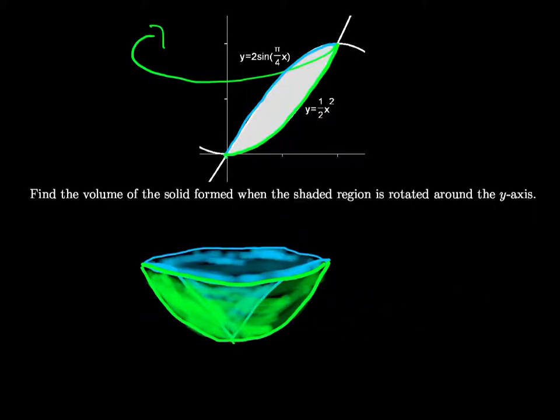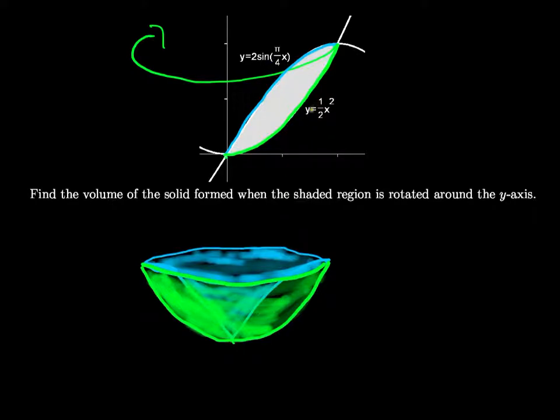Okay, so here's what happens. Instead of trying to cut it like this, like we did last time, because I would have to find this distance, and I'd have a square root here, and I have an arcsine here, and that's not good.